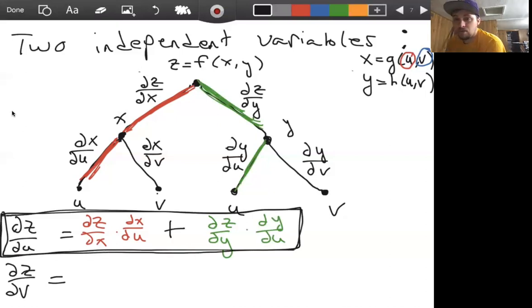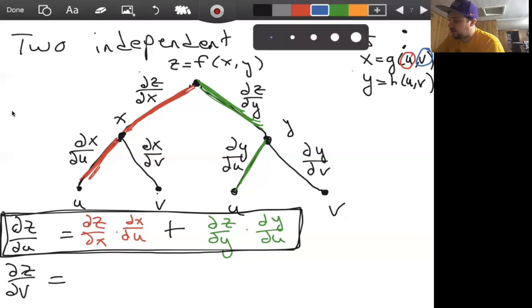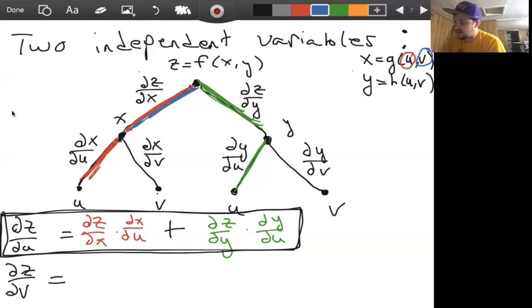And this is my formula for calculating partial z, partial u. This is one of the multivariable chain rules. And so what do I have next? Now I want the same thing, but for the variable v, right? And so first, let's go down the x branch first. So I get partial z, partial x. And then now I want to end at v nodes. So I go down the branch partial x, partial v this time.